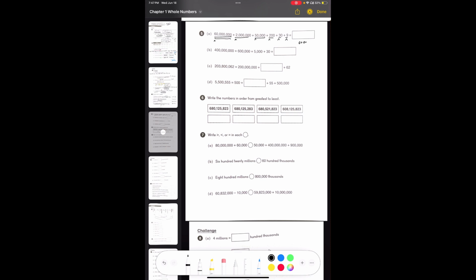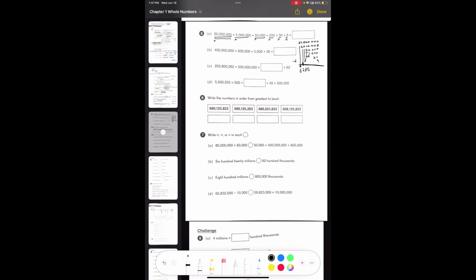So what that means is basically if you did write it out, say I did write it out, 60 million, 2,000,000, 50,000, 239, and I added them all together, you will notice that if I drop these numbers down, I will not have to add any of them because they are in a different place.